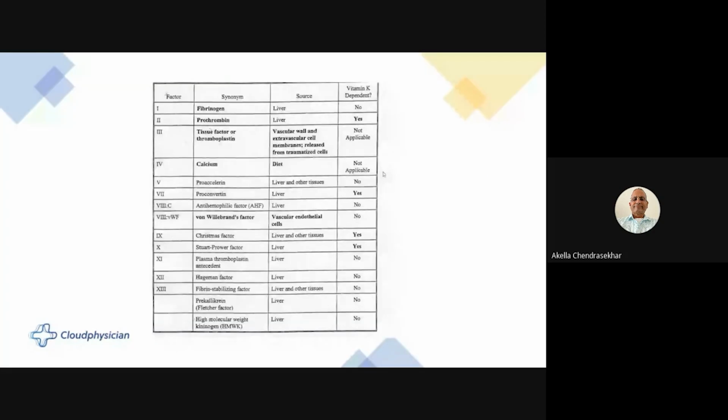Okay, next slide. Now, this is a busy slide, I know, but I want you to keep in mind what the information here is. The information here is that most of these products that we talk about as far as coagulation is concerned are made in the liver. So if our liver function is abnormal, you may not be making these factors.